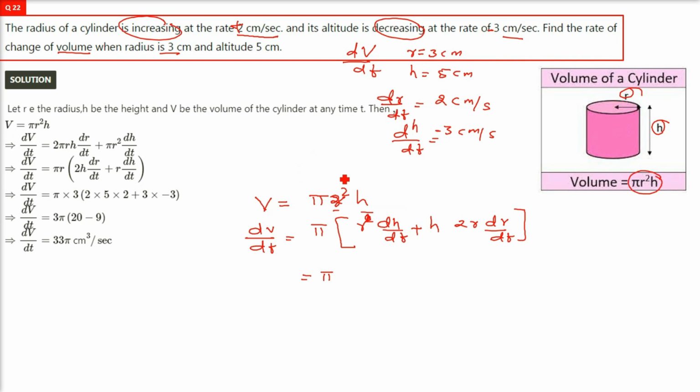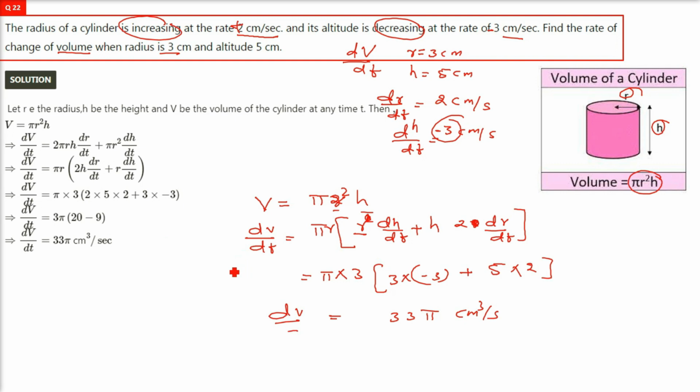We have an r inside, so you can just take r common. So you will have pi into r, the radius, which is 3 in this case, and then r into dh by dt, that is 3 into minus 3. Now we have h, which is 5, into dr by dt, which is 2. So this is 33 pi centimeter cube per second. This is the answer which is going to come.